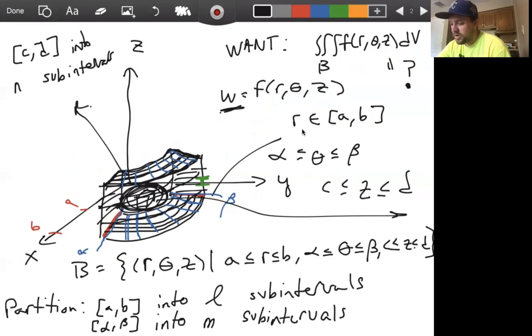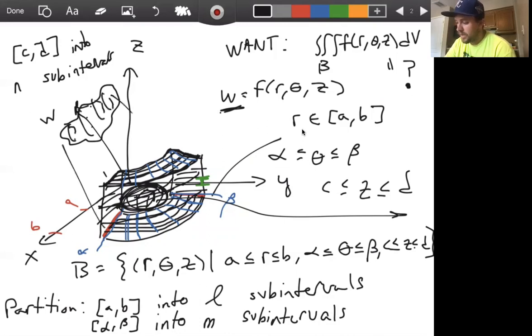And so I'll just kind of draw it over here. You can imagine in some fourth spatial dimension, we can observe how the function is behaving over this cylindrical box, right, in some way. It's doing something. And then we want the volume of the four-dimensional solid, right? This is what we want.